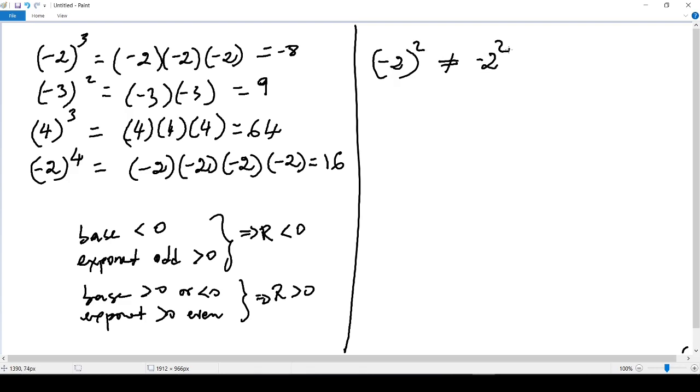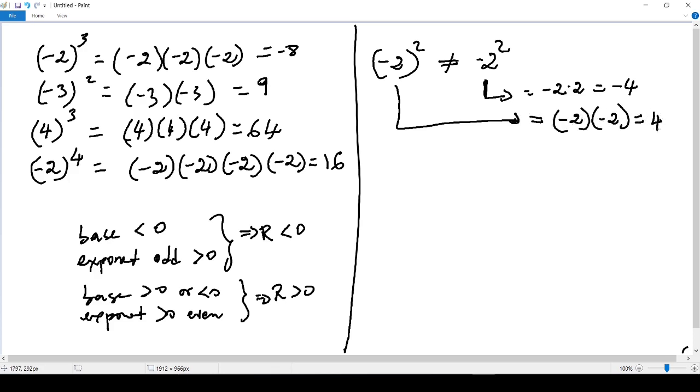Let's prove it. This one, negative 2 squared, is equal to negative 2 times 2, which is equal to negative 4. This one, with parentheses, is equal to negative 2 times negative 2, which is equal to 4. Very different, right? So don't forget to use parentheses whenever you have to.